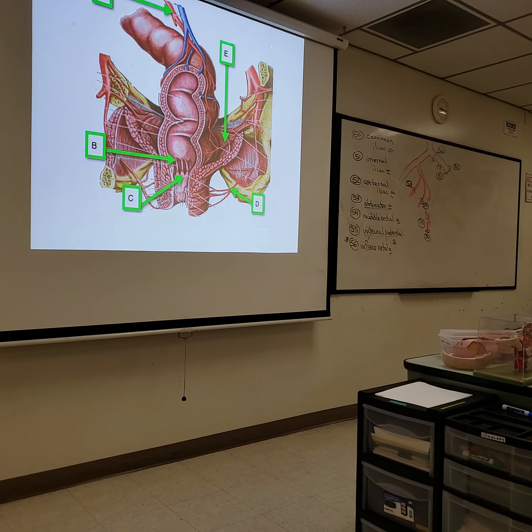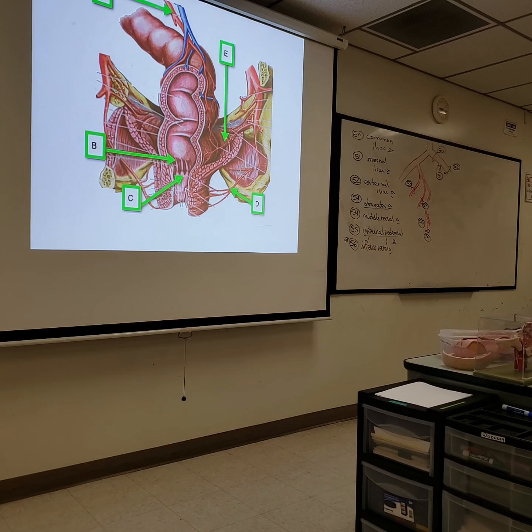All right? This branch right here is leaving through the obturator foramen. That gray area that you see is the connective tissue over the obturator foramen. So this is the obturator artery. Okay? Then we have a continuation of the internal iliac.